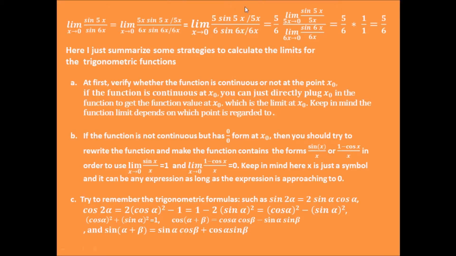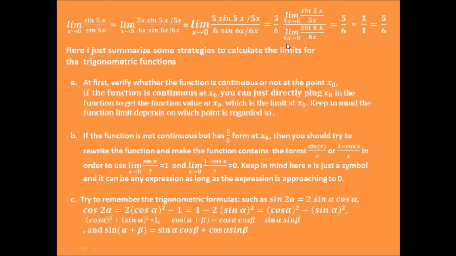So we can get the expression as 5 times (sin 5x divided by 5x) divided by 6 times (sin 6x divided by 6x). Then it becomes 5 divided by 6 times limit sin 5x divided by 5x. Here we put 5x approaches 0, which is essentially the same as x approaches 0.